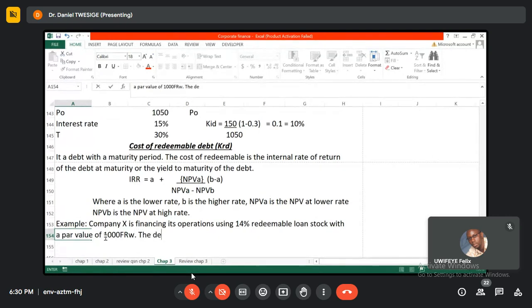The debt is redeemed after 5 years at a premium of 10%.